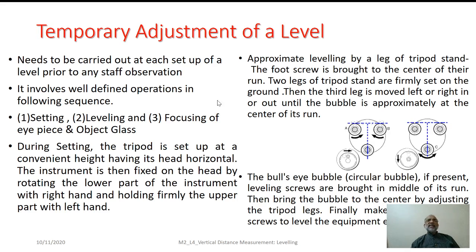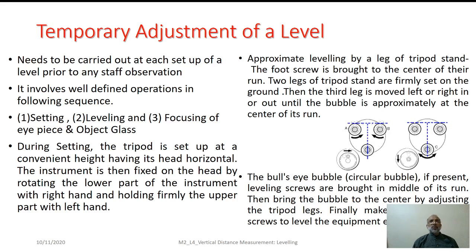As we set the equipment, as we establish the position of the level, we have to carry out certain adjustments to establish the requisite relationship among the axes, the way we discussed previously.